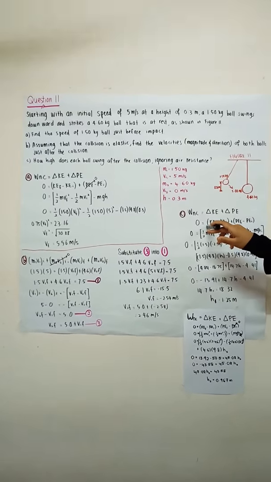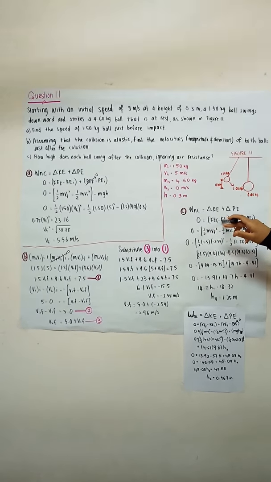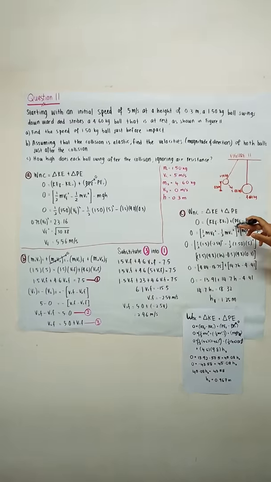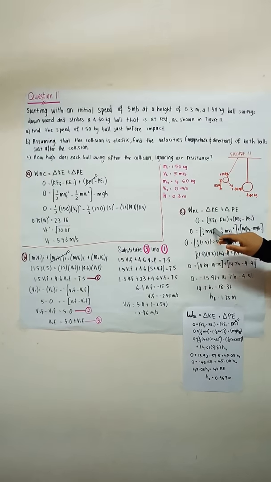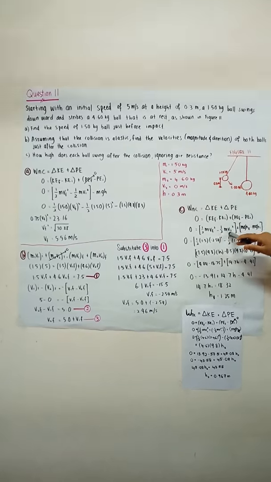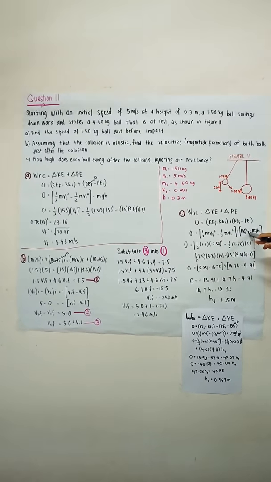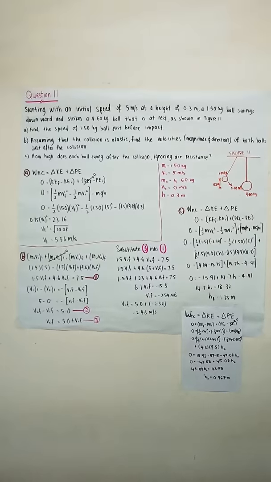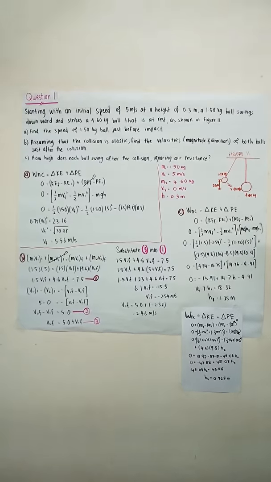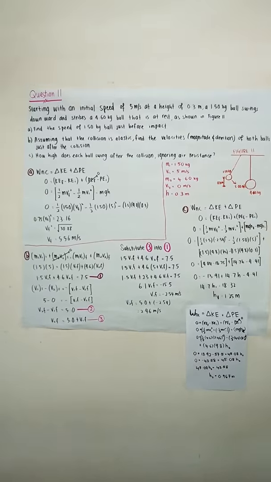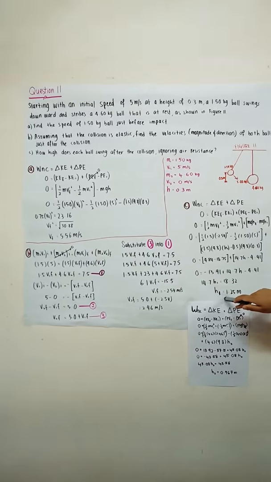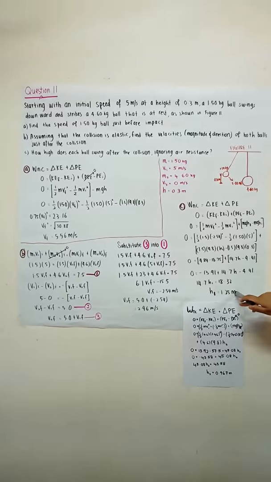So the formula is KE final minus KE initial plus PE final minus PE initial. So half m v final squared minus half m v initial squared plus mgh final minus mgh initial. We substitute all the information into this formula so that we will get the height 1 equal to 1.25 meters.